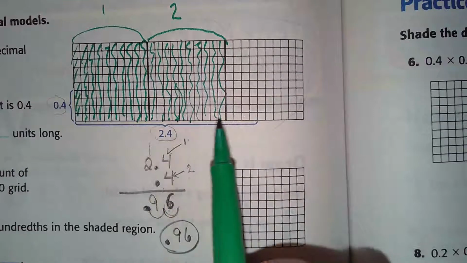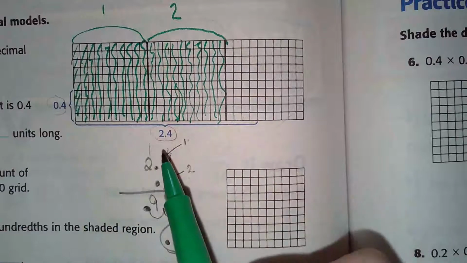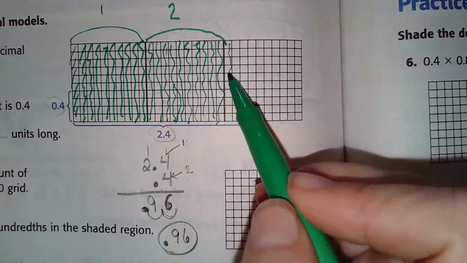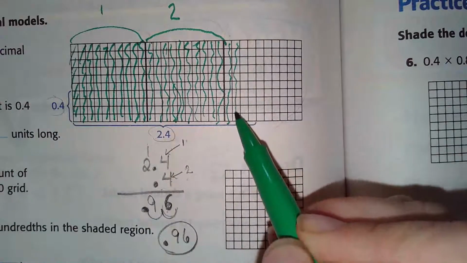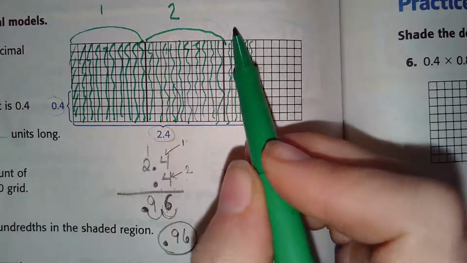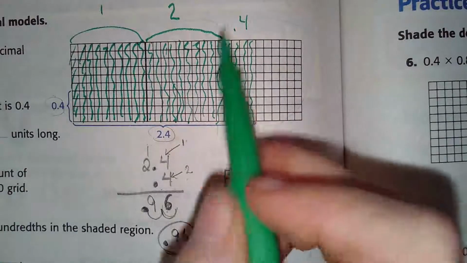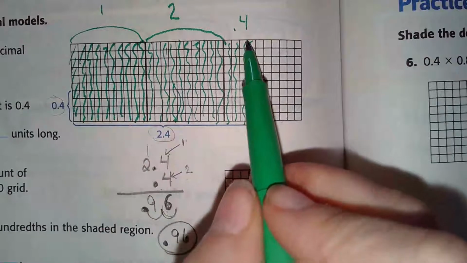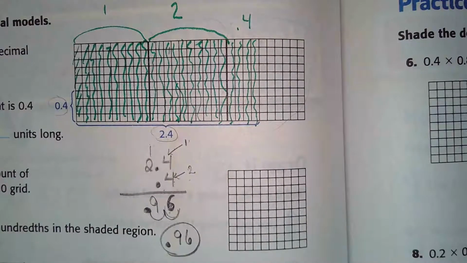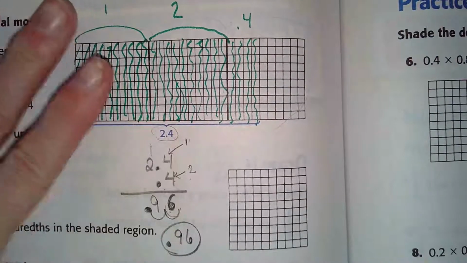There's my 10/10. So total I have 20/10. Now I only need 4 more tenths. 1, 2, 3, 4. So there's my 4/10. 2 whole things, 4/10.